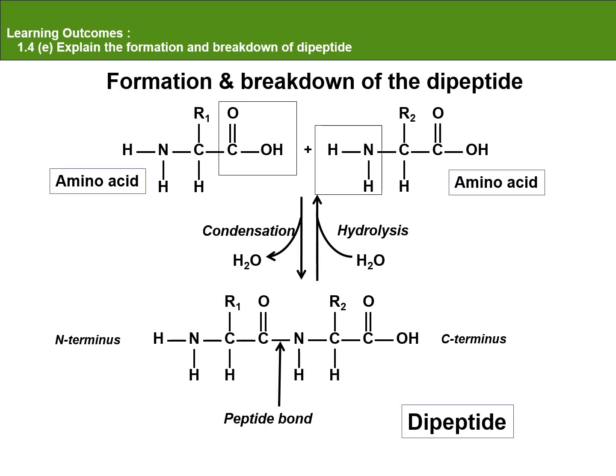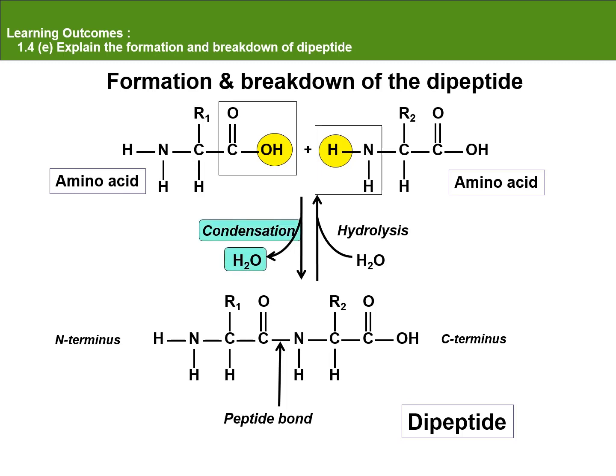Diagram shows formation and breakdown of the dipeptide. During formation of the dipeptide, a hydroxyl group from the carboxyl end of one amino acid and a hydrogen from the amino group of another amino acid are removed as water by the condensation process.